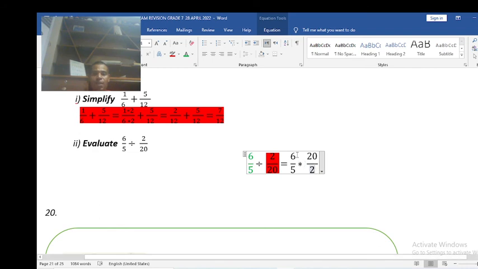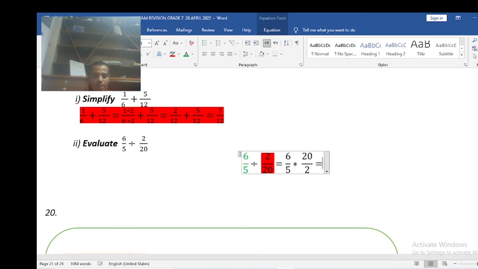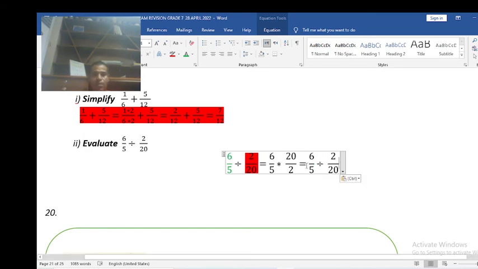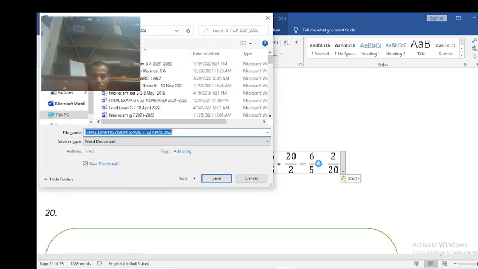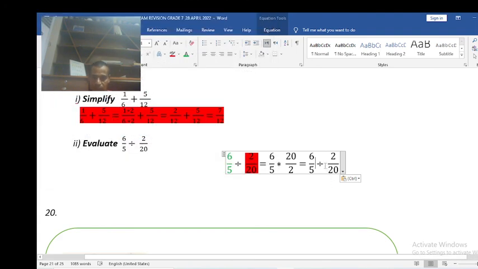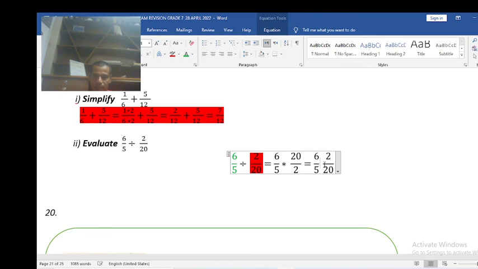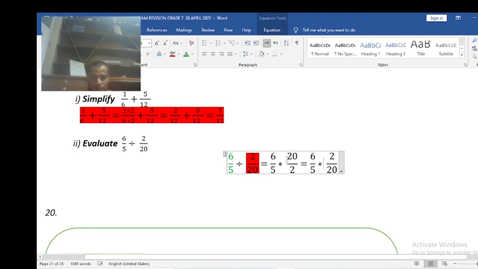Then here you can cross-cancel. How many 2's are there in 2?